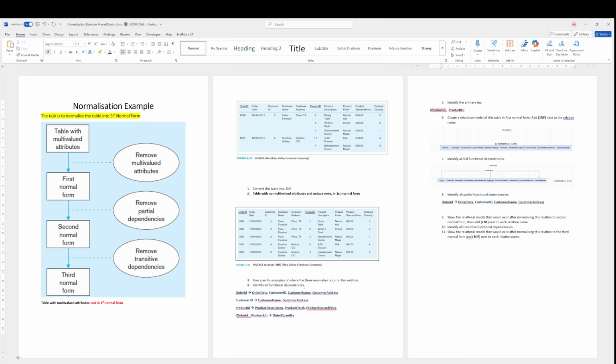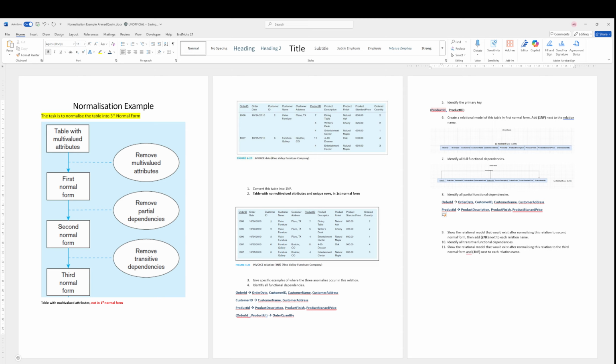So these non-key attributes are determined by this primary key. So this is a partial dependency. What else is functioning on one primary key, the other one? So the product ID.